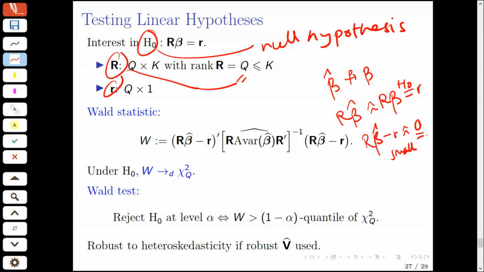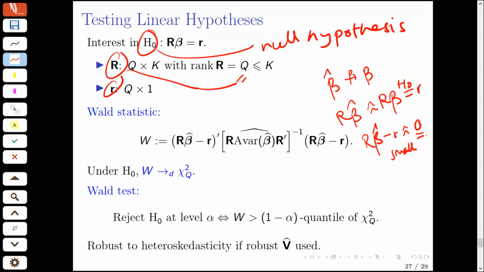Now, a way to formalize this idea is to take the difference between R beta hat and lowercase r and divide by their variance, or rather divide by their standard deviation.